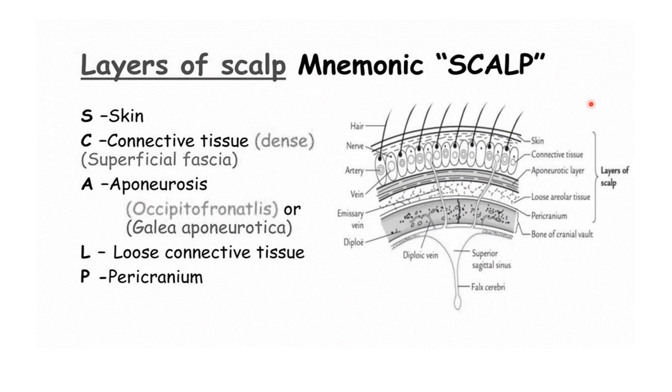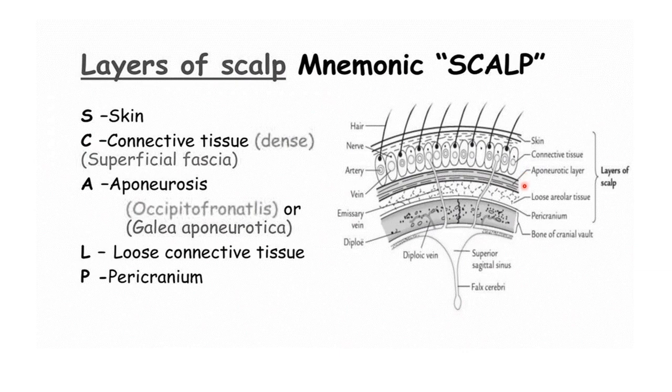The scalp has 5 layers, and we usually use the mnemonic SCALP for arrangement of these layers from superficial to deep. The most superficial layer is the skin. The second layer is the dense connective tissue, also called the superficial fascia.